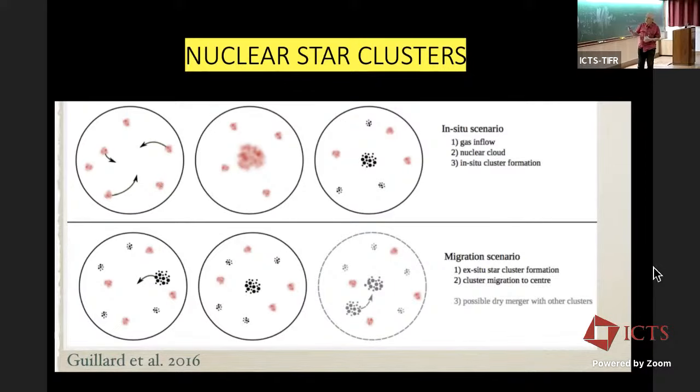So we don't really understand which of these two scenarios, but it shows you the range of options you have to consider. We try to piece things together as to how the nuclear star clusters might have formed. I can't really give you a totally common answer on that, whether it's mergers of globular clusters or in situ star formation. Some combination of the two is likely, because when you look at higher redshift, you see lots of gas in these nuclear star clusters, as I'll show you next.